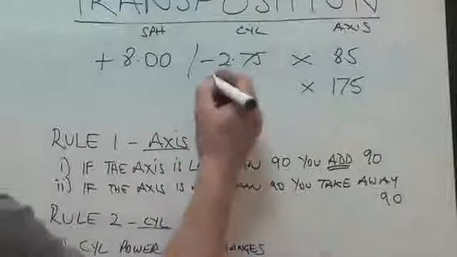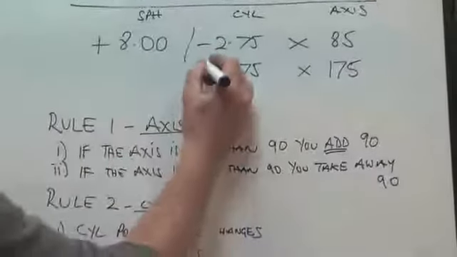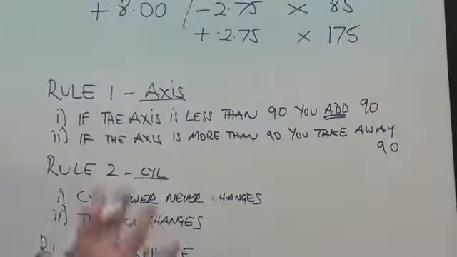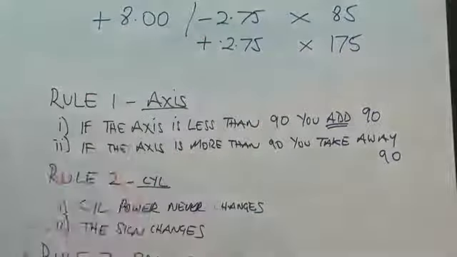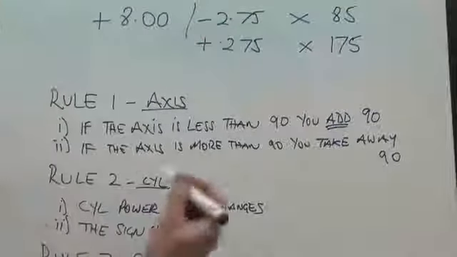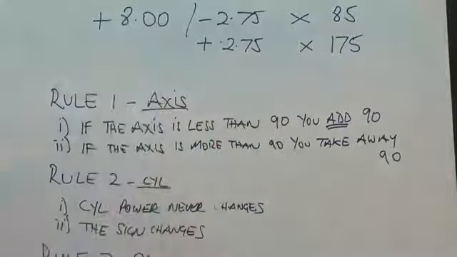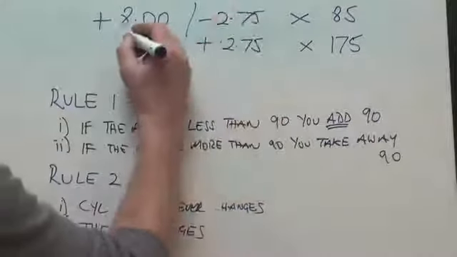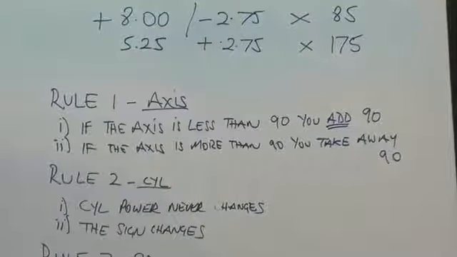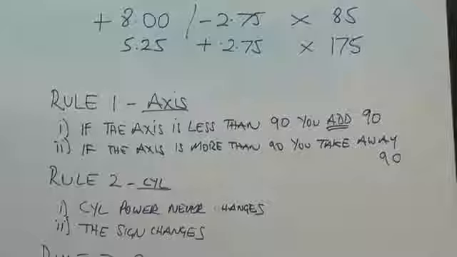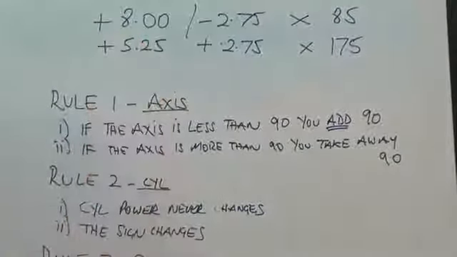The cyl power never changes, so that's 2.75. The sign always changes, so that's a plus, so we've already done that. Now in this case, we have a plus 8 and a minus 2.75. So we have to take the lower number from the bigger number. That will give us 5.25. And then the sign will always correspond to the sign of the bigger number, so that becomes a plus.